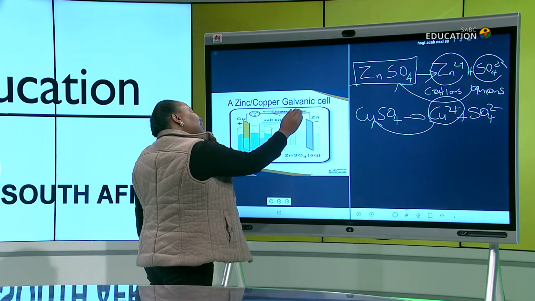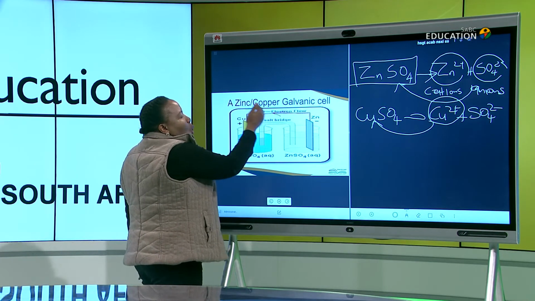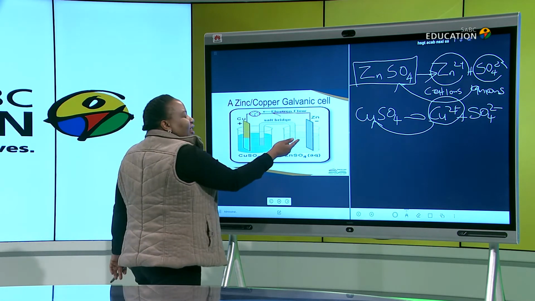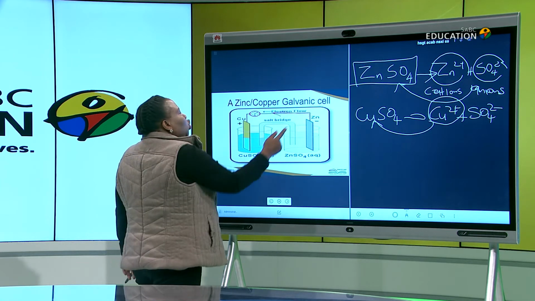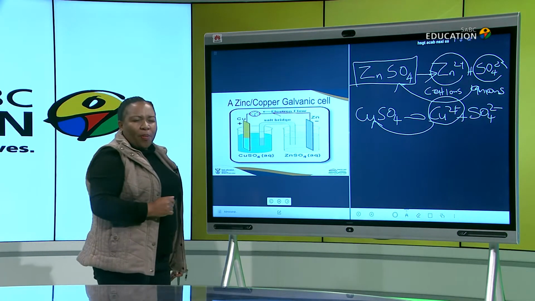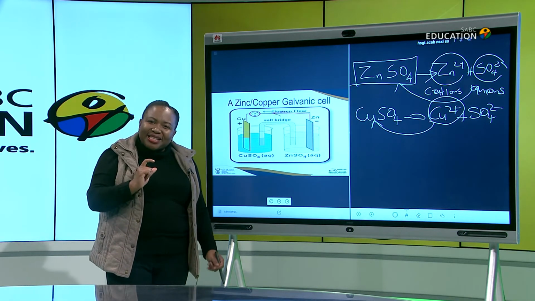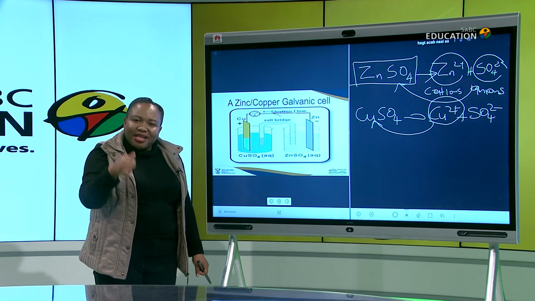It means the zinc electrode will be the one that will lose electrons. And if zinc loses electrons, the electrons move from the side of the zinc half cell to the side of the copper half cell. But not forgetting that I said metals are able to lose electrons.